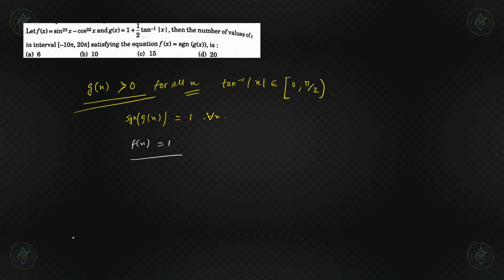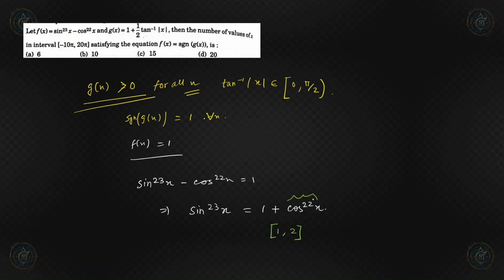So let us find sin to the power 23x minus cos to the power 22x equal to 1. That means we can rearrange this as sin to the power 23x equal to 1 plus cos to the power 22x. Now we can see a very interesting thing here. The right hand side of this equation belongs to the interval 1 to 2, right?